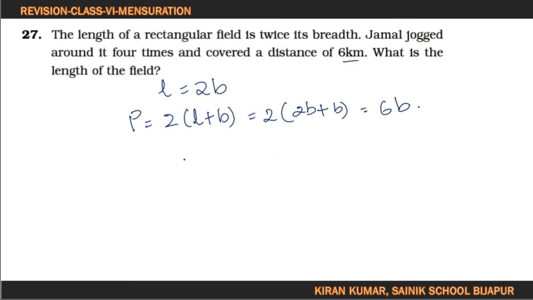And they have also given that Jamal jogged around 4 times and covered a distance of 6 kilometers.